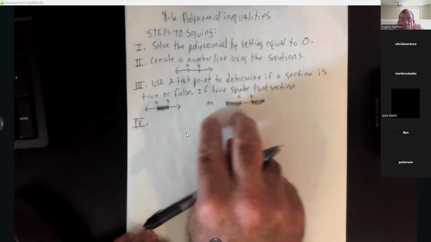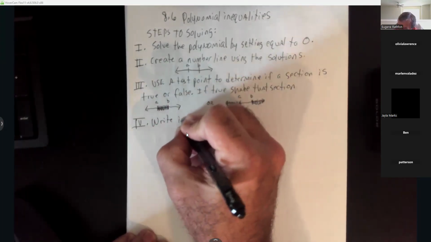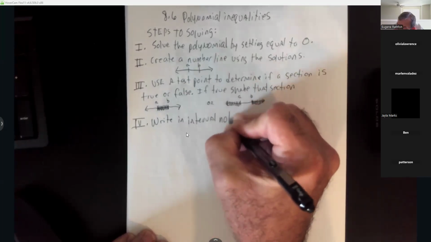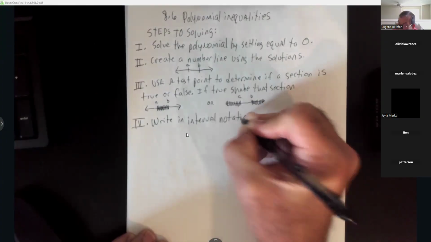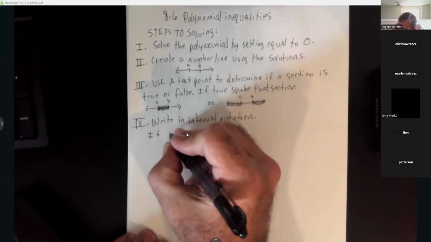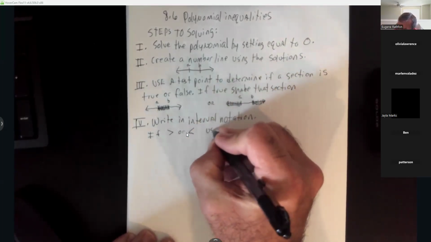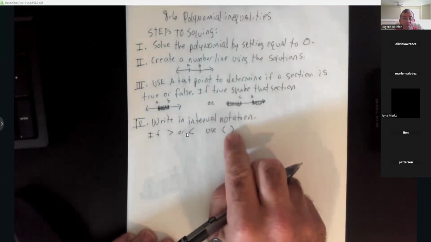So once you've figured out where to shade it, you're going to write the answer in interval notation. Now, around the numbers, if it is greater than or less than, we're going to use parentheses around the number.